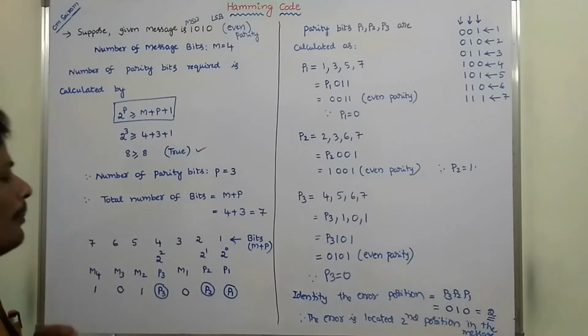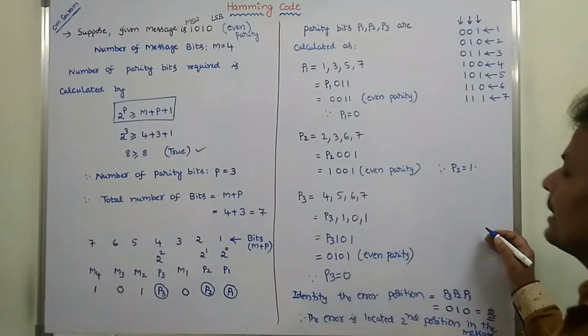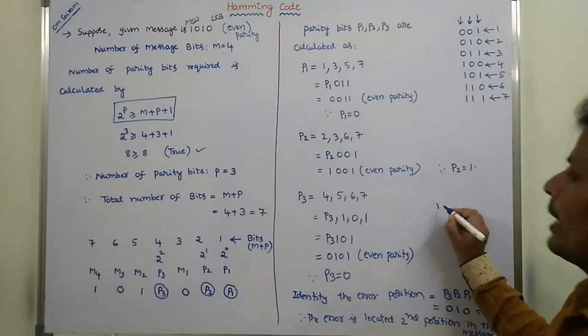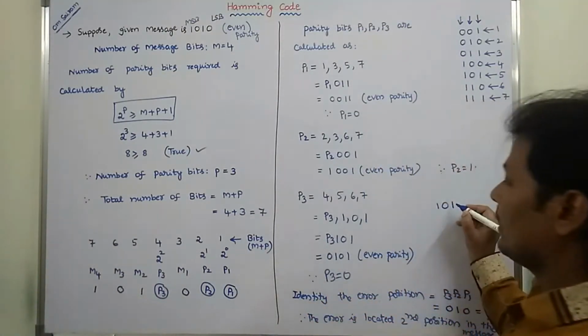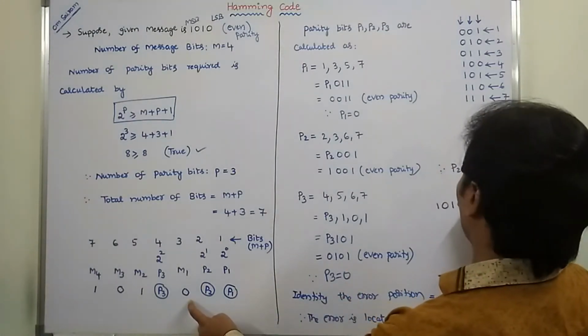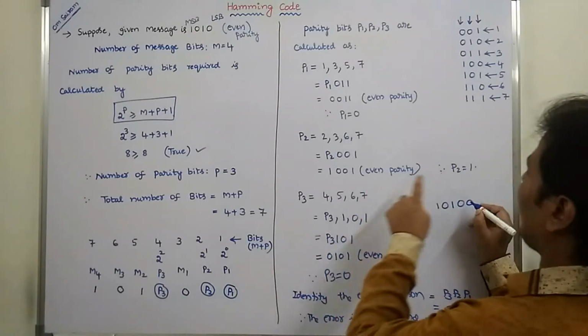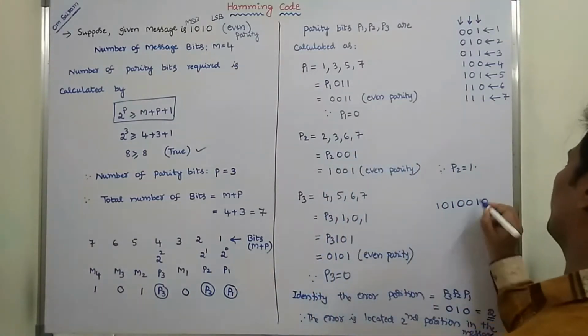So the total message we receive, after calculating the parity bits, is 1 0 1. Next P3 value is 0, M1 value is 0, P2 value is 1 and P1 value is 0. Okay.